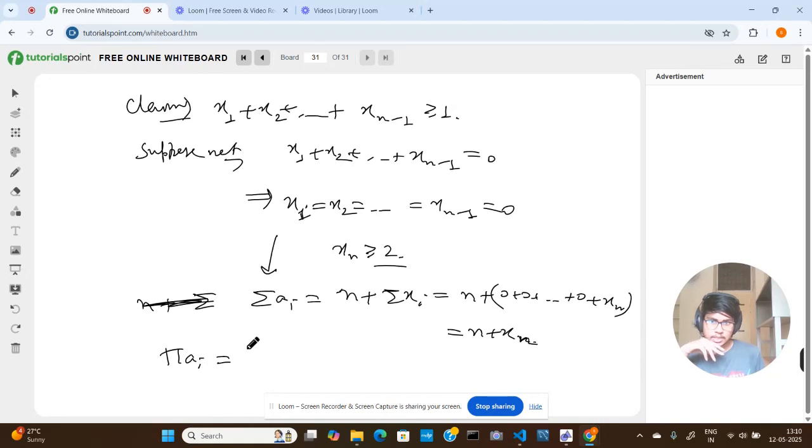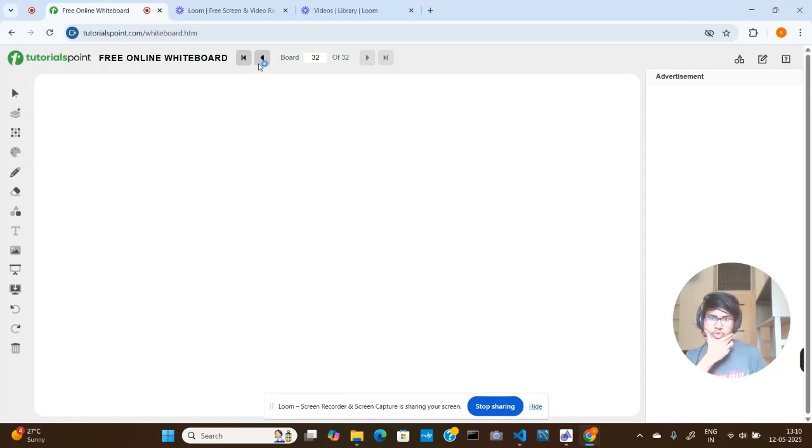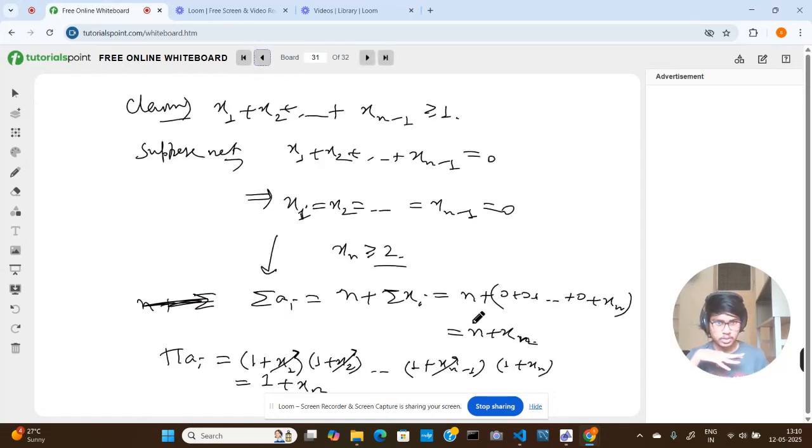The product of ai is basically 1 plus x1 times 1 plus x2 and so on, 1 plus xn minus 1 times 1 plus xn. x1 is 0, x2 is 0, xn minus 1 is 0, so all of them are equal to 1. So the product becomes equal to 1 plus xn. So you must have the sum equal to the product. The sum is n plus xn, the product is 1 plus xn.